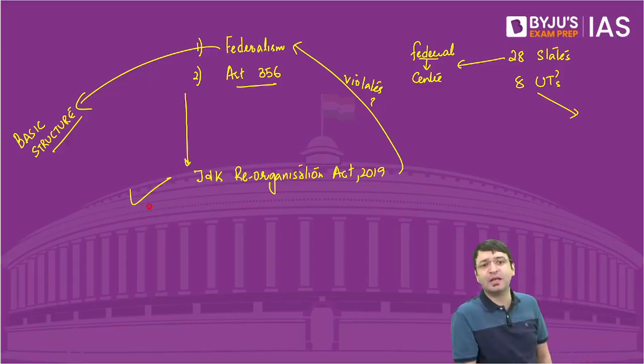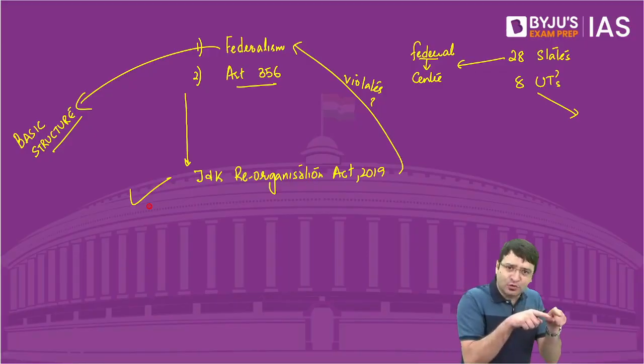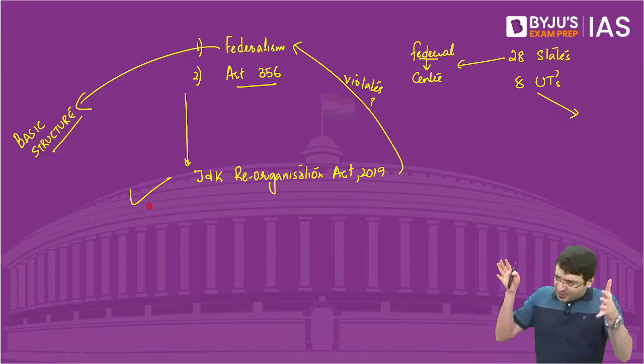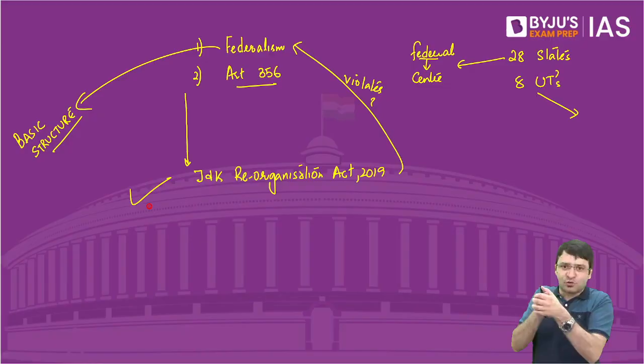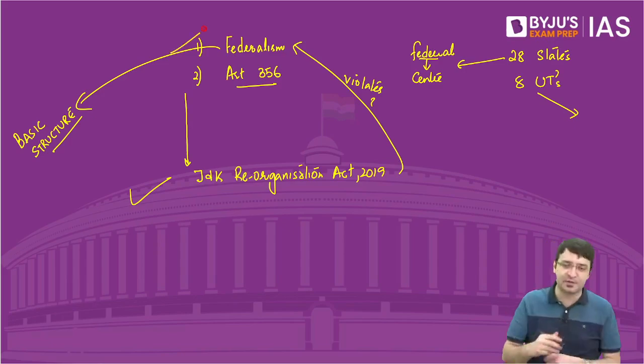The Supreme Court will have to hear this matter. 1, can during president's rule, where the state is under the control of the center, and this president's rule by its very nature is temporary, can during president's rule, permanent change be made to that state? That's question number 1. And question number 2 on federalism.